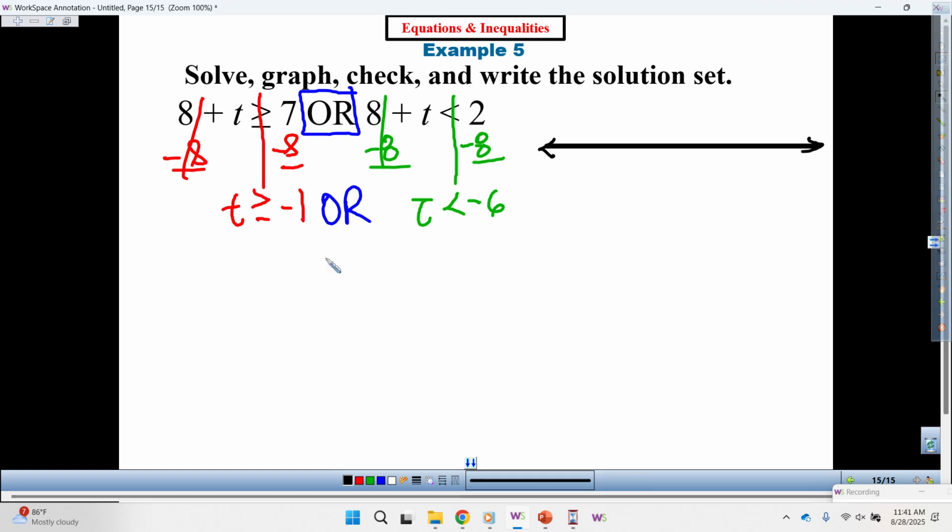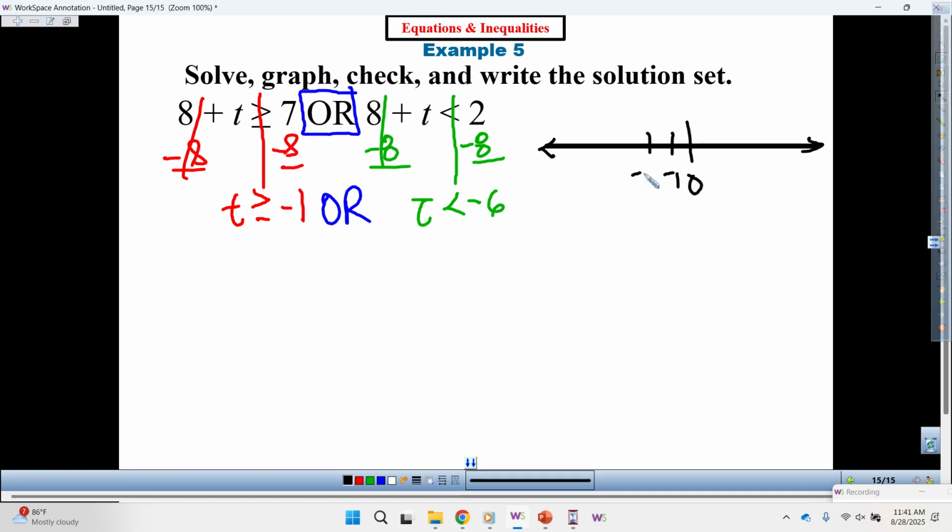Allison, what do you predict on this graph? How's the graph going to look for this solution? They're not going to intersect. Oh, let's see if it's true.